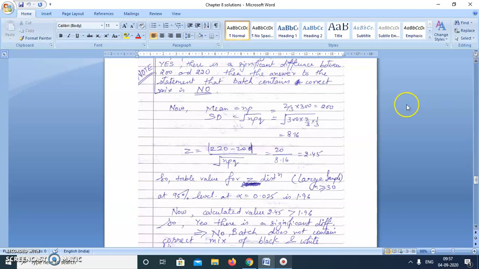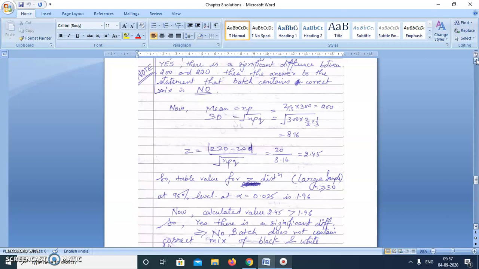Now the main point in this question is that yes, there is a significant difference between the two means, but what they are asking is, is this result consistent with the hypothesis that the batch contains the correct mix? If there is a difference, naturally the batch doesn't contain the correct mix. So the answer in the book is no, and that answer is related to whether the batch contains the correct mix or not.